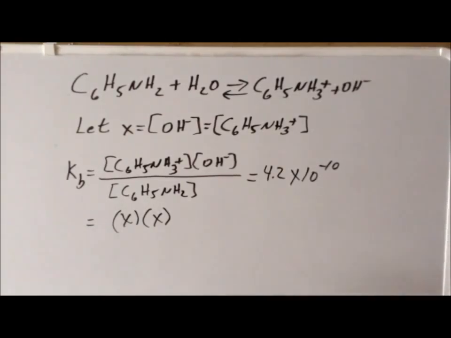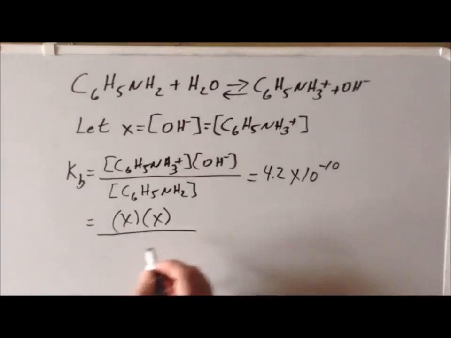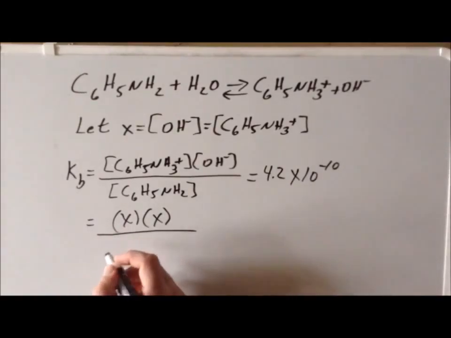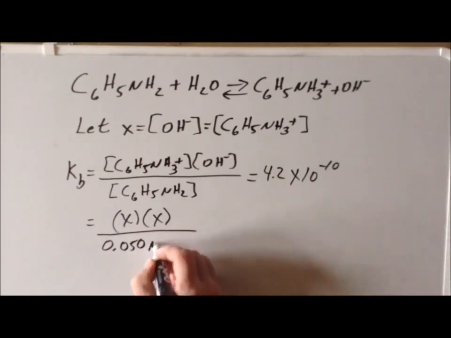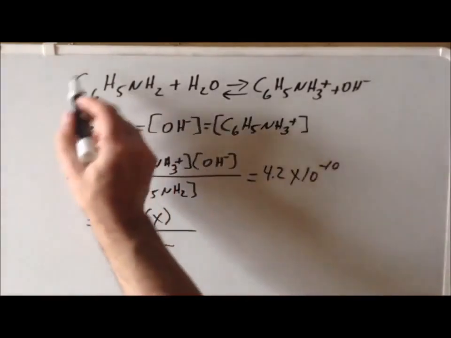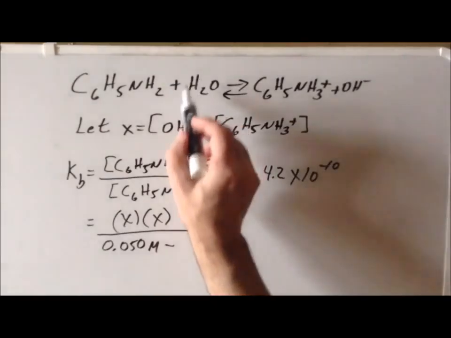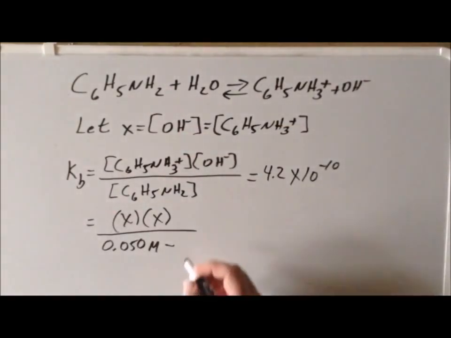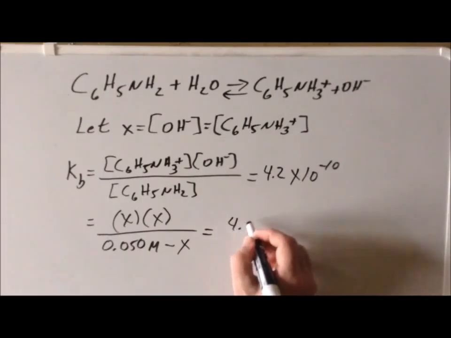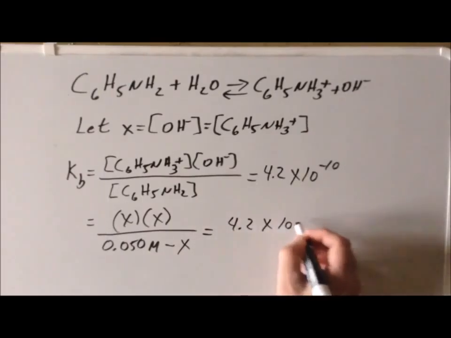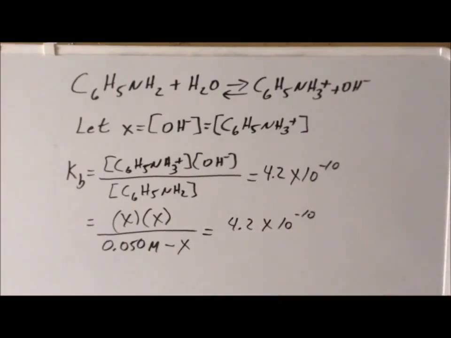So that's going to be equal to the initial concentration of the aniline, which we saw was 0.050 molar, minus a small amount of aniline that's going to react with water and become protonated. So now we've set up our basic equation that we want to solve for this particular situation.